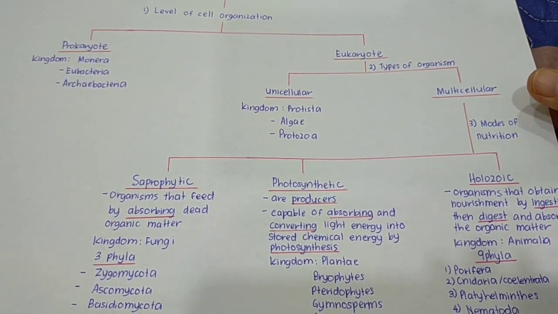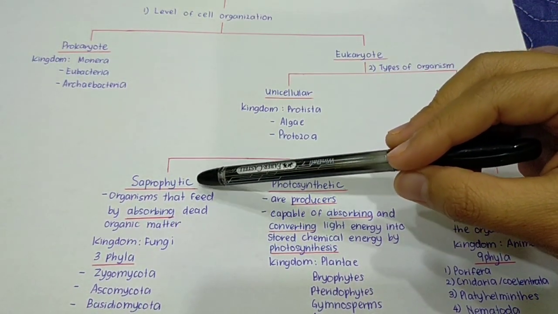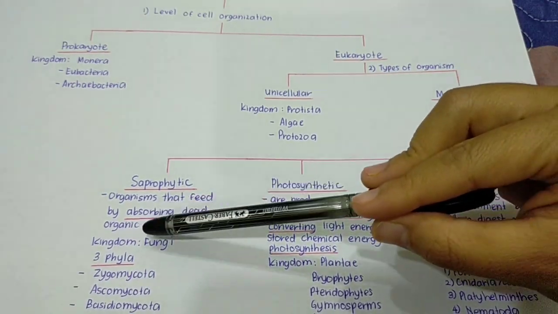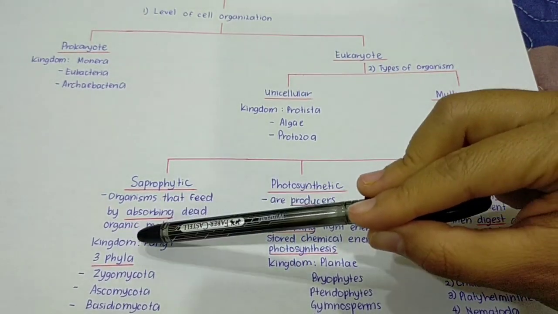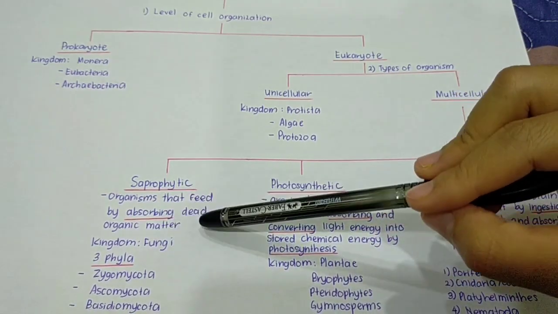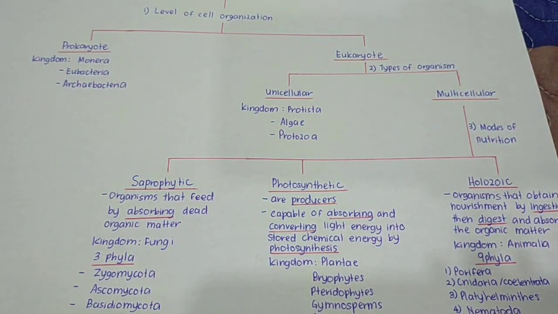Okay, so we look one by one. Firstly, we look at saprophytic. What is saprophytic? It refers to the organism that feeds by absorbing dead organic matter. So the keyword is absorbing dead organic matter. What is the organism which is saprophytic?